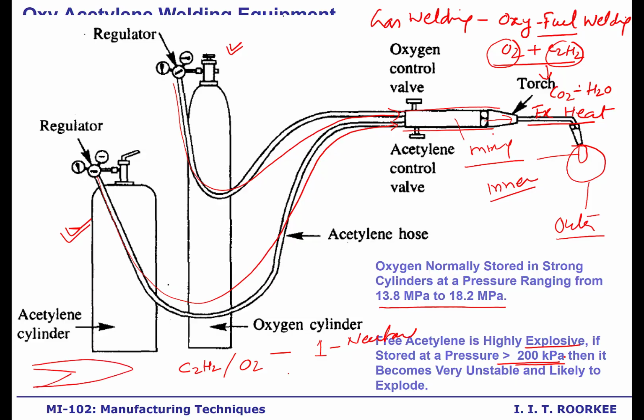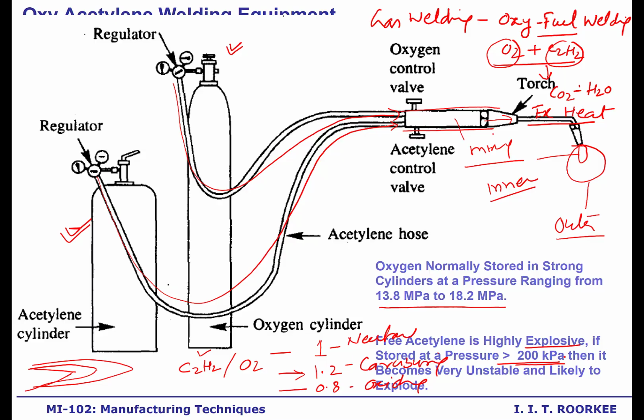When the ratio is greater than 1, say 1.2, meaning acetylene is more, we get the carburizing flame, and in that case we get an additional flame zone in between. And when the ratio is less than 1, say 0.8, we get the oxidizing flame, when oxygen is more and fuel gas is less. In that case also we get only the two zones in the flame.